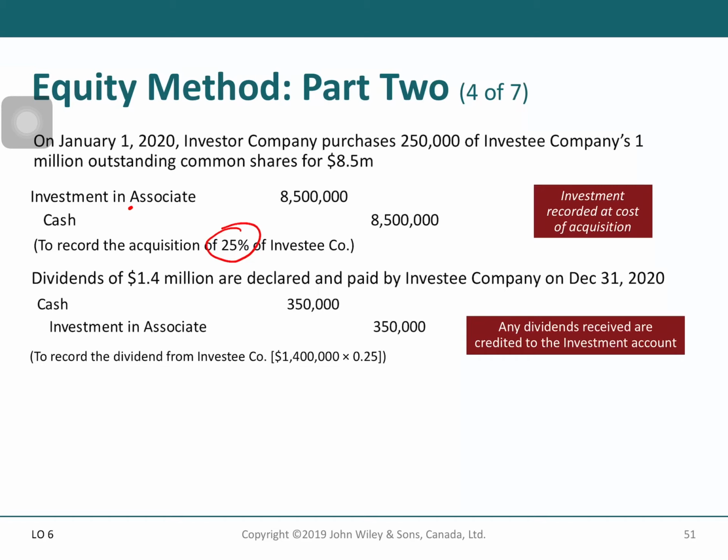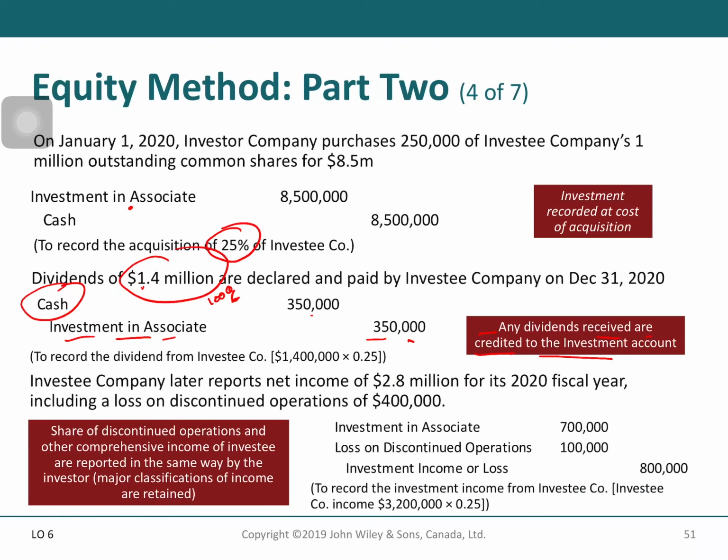Okay, 1.4 million is for 100% ownership, so you can only claim 25% of this number. So 25% of 1.4 million is 350,000. So you will get cash for the dividend 350,000, and your investment is decreasing by 350,000. Okay, any dividends received are credited to the investment account.